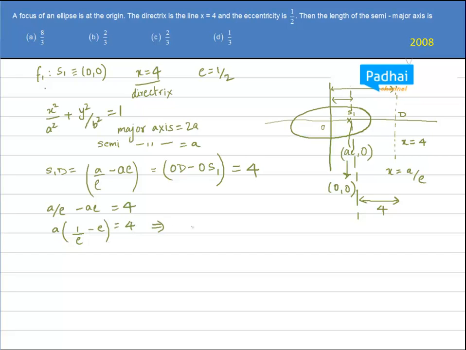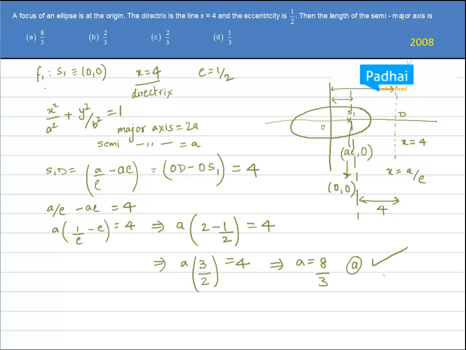So this implies that, since e is given to be 1 by 2, 1 by e will be 2, and this will be a times (2 minus 1 by 2) equal to 4. So a times 3 by 2 equals 4. So that implies a becomes equal to 8 by 3, which is there in option A. Hence option A was the correct one in the paper.